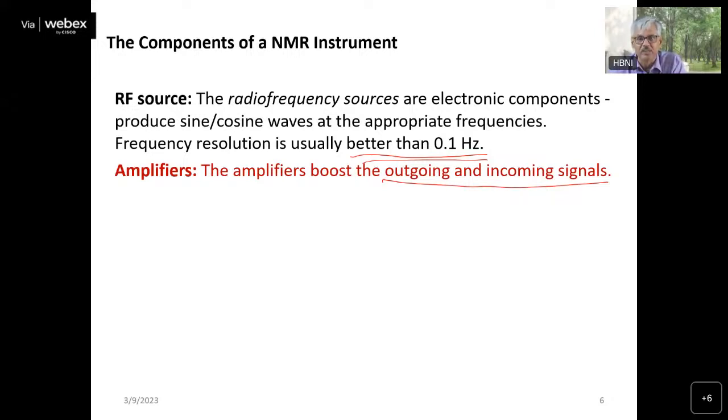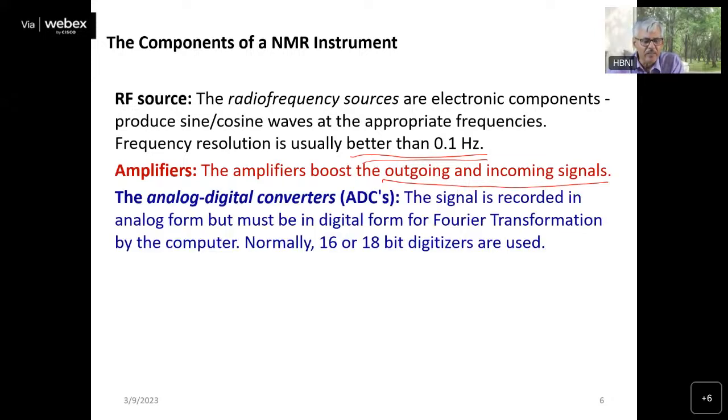Similarly, when the signal is received, it is also amplified. And then the analog to digital converter: the signal you initially recorded is in analog form. But if you want to do the Fourier transform, which we'll be using, you have to bring this analog form into a digital form.